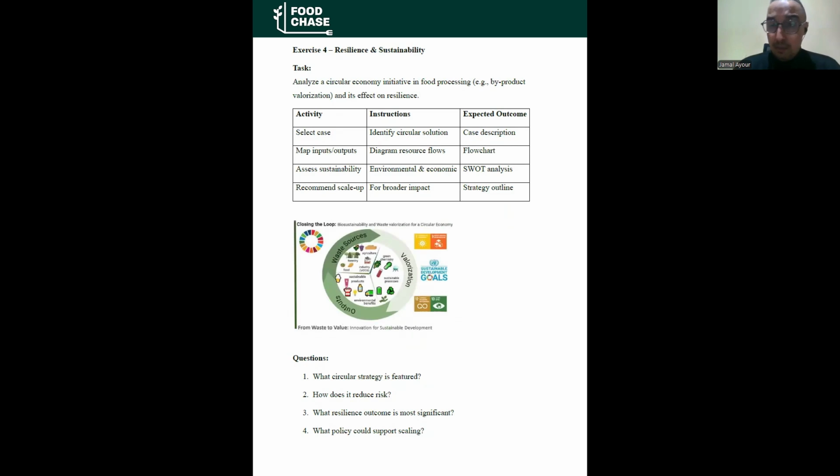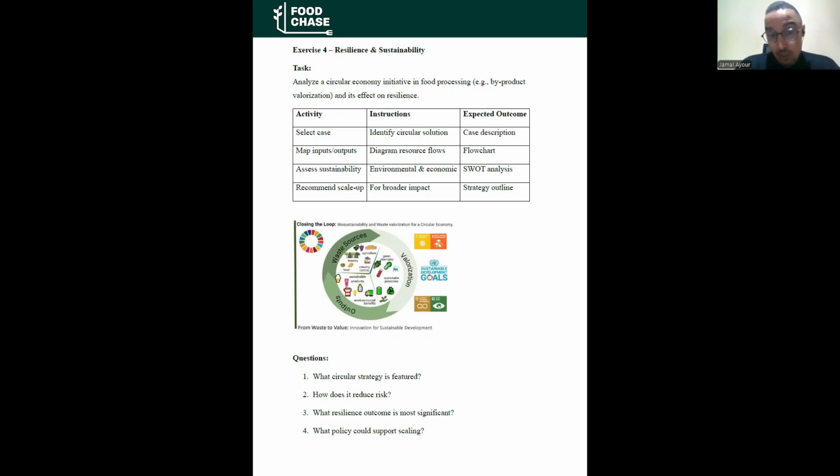For exercise number 4, regarding resilience and sustainability, two of the pillars of risk management and crisis adaptation, the objective is to analyze a circular economy initiative in food processing and its effect on resilience, with different activities. We have these pictures for waste sources and outputs for this type of product.